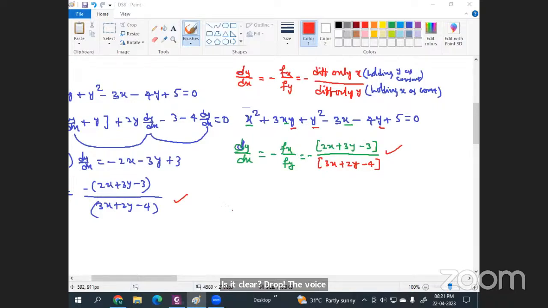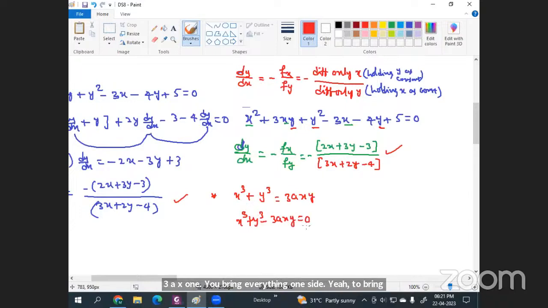So one more question I will take. Next question, you can also try x cube plus y cube equal to 3axy. You bring everything to one side, equal to 0.